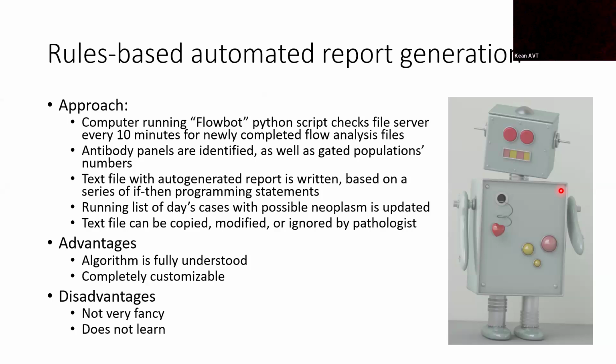It can also look at the data as it's coming in and create a list of cases we might want to prioritize, so maybe there's a new B-cell neoplasm or acute leukemia. It can create a text file that we look at as we go through the day to prioritize our time. Some of the advantages compared to more complex machine learning is the algorithm is fully understood and completely customizable, but it's not very fancy and it doesn't learn anything.